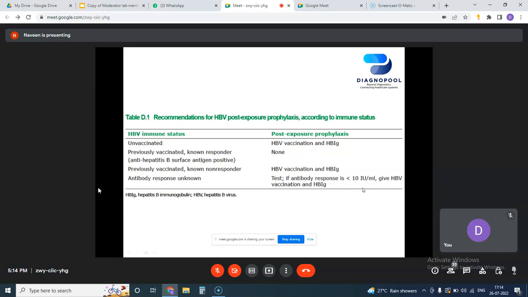If the antibody levels are less than 10 international units per ml, then you need to take the hepatitis B vaccine again. If the antibody levels are more than 10 international units per ml, then there is no need to take another hepatitis B vaccine.